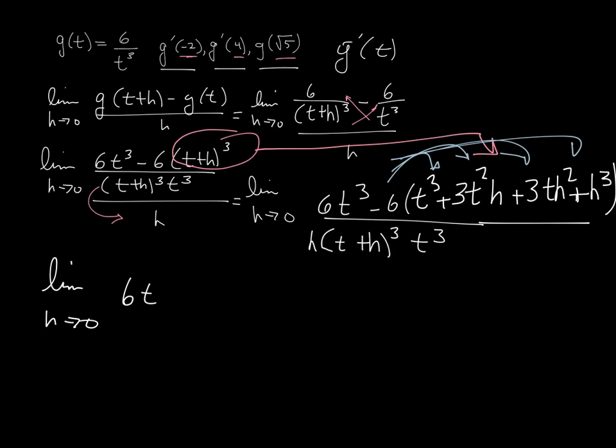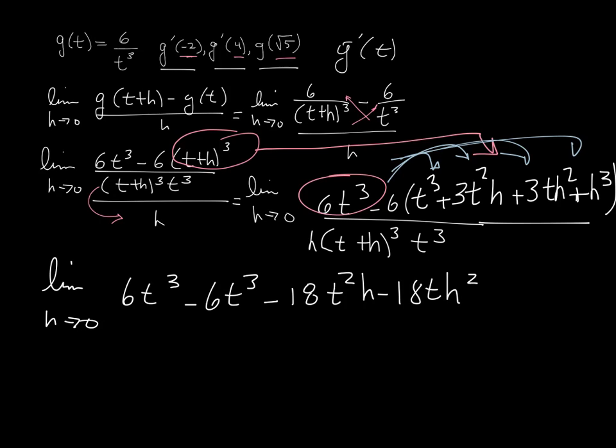So I get 6t cubed, which was just that one, minus 6t cubed, so we know that's going to cancel, minus 18t squared h, minus 18t h squared, minus 6h cubed.